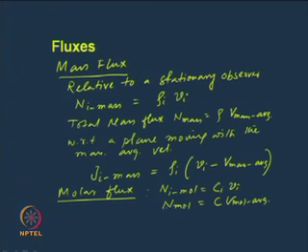If this flux is defined with respect to the molar average velocity, then J I mole we can write C I times V I minus V mole average.